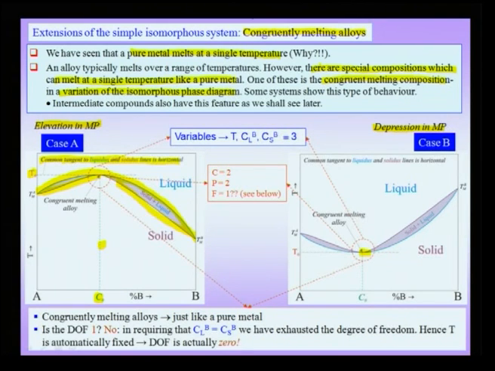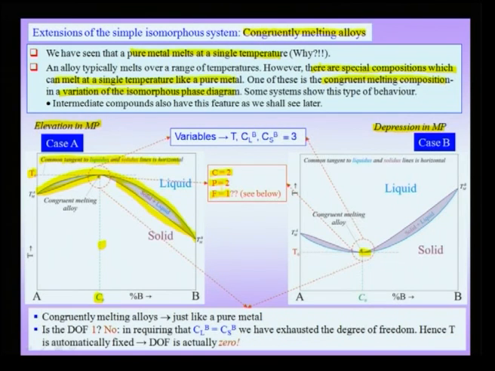So, we have already seen how to calculate the degrees of freedom in the solid region, the liquid region and the two phase region. But let us try to do this now for a congruent melting alloy. For a congruent melting alloy, we know that the number of components is 2, the number of phases is 2, because now we have the solid and liquid phases coexisting, and suppose you substitute in the phase rule at constant pressure, you will land up with the degrees of freedom equal to 1.